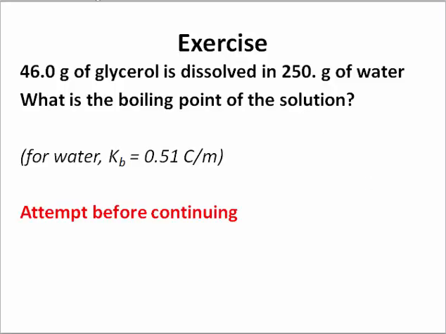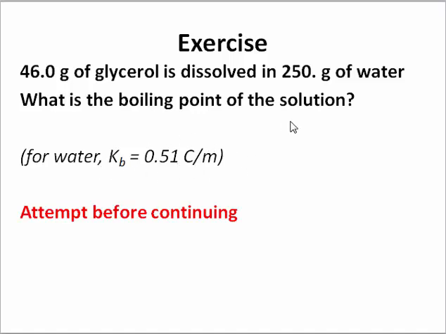So consider the exercise when 46 grams of glycerol was dissolved in 250 grams of water. What is the boiling point of the solution? You can solve this if you know Kb for water, the boiling constant, which is 0.51 Celsius per molal.